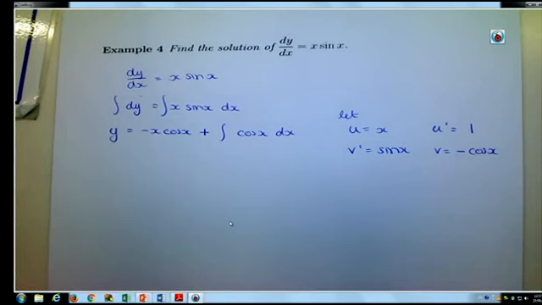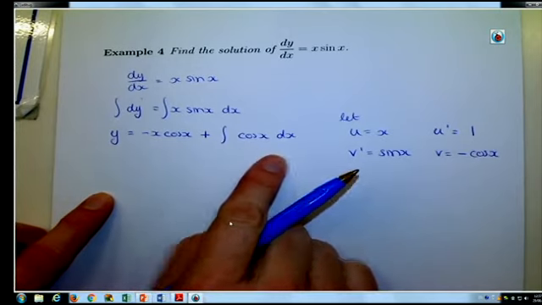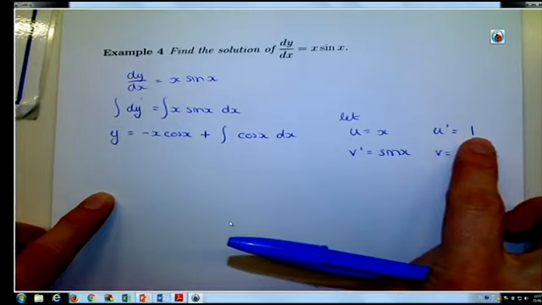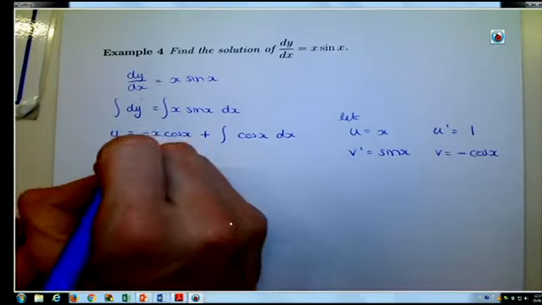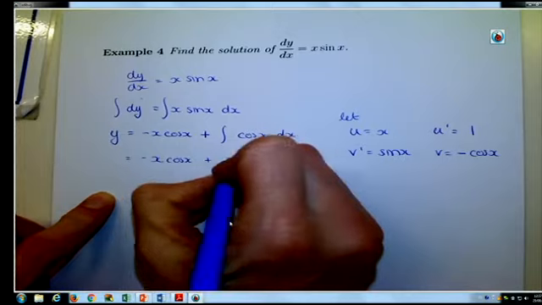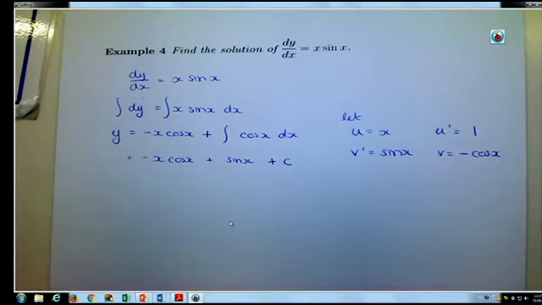Is everybody happy? So I just used the little formula after I chose my u and my v primed. Now we've still got an integral to do, but it's easier, right? And it's easier because I chose this to be my u, and the u got easier when I differentiated it. And now that I've done my last integral, I can do a plus c.